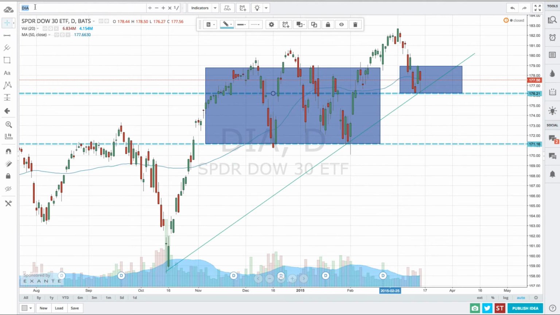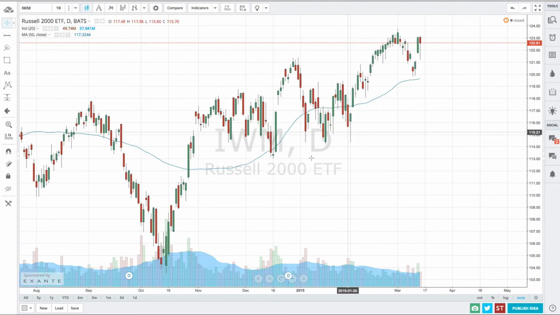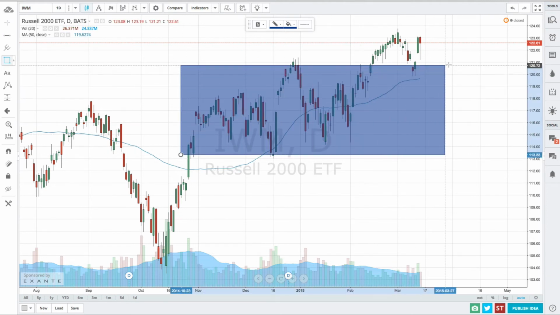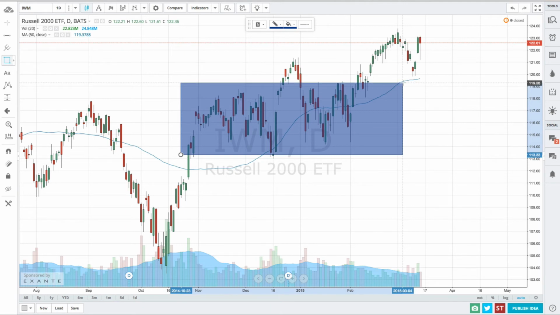We'll also take a look real quick at the IWM, which is actually the strongest of the bunch right now. It hasn't been in the past, but IWM is definitely showing some strength the last week or so. And we've talked about this longer term consolidation right through here. However you want to draw it, you could draw it like that, or you could come down here.